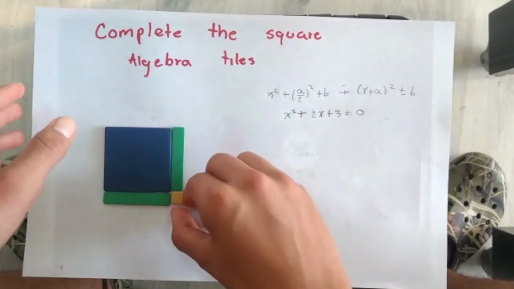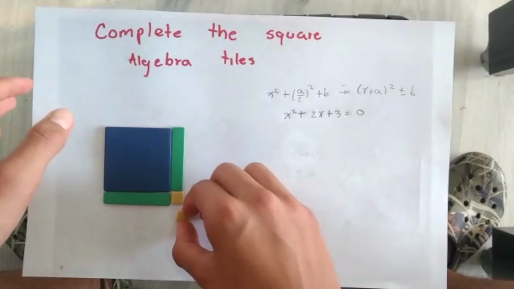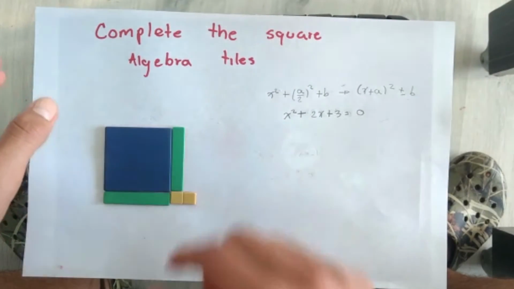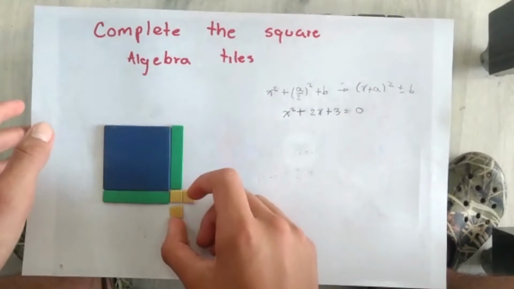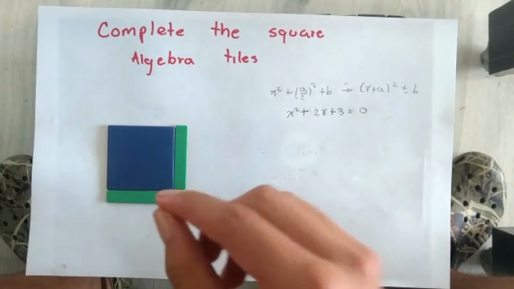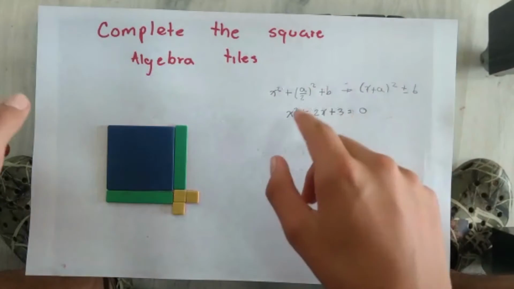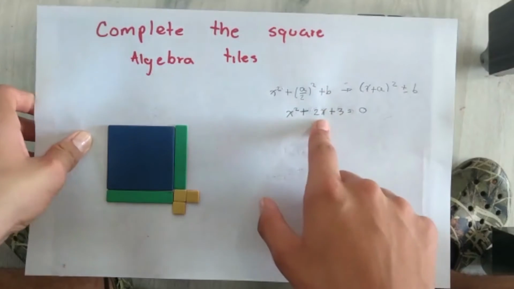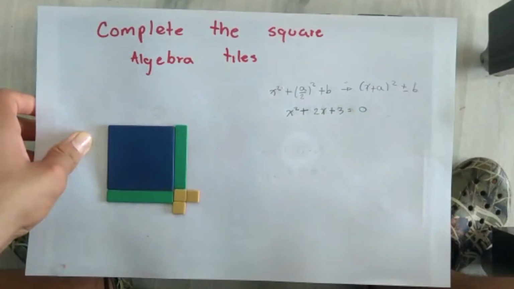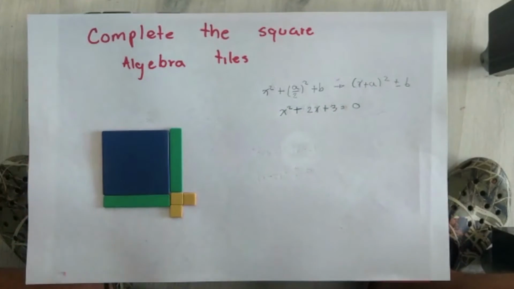So we're going to put 1, 2 and 3. You can see here, there's no way that with one big square, with 2 rectangles and with 3 small squares, it's impossible to get a perfect square.